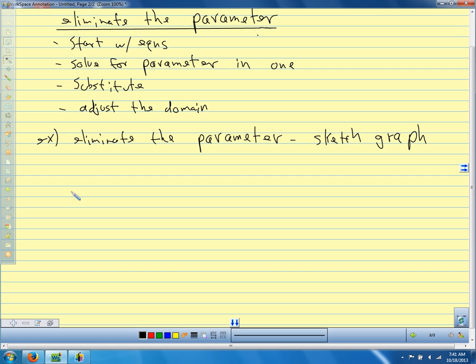And here are my equations, my set of parametric equations. x equals 1 over the square root of t plus 1, and y equals t over t plus 1, and we want t greater than negative 1.